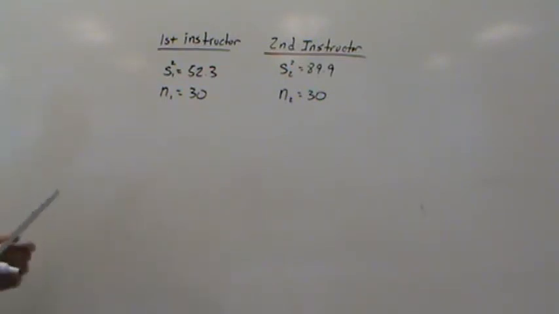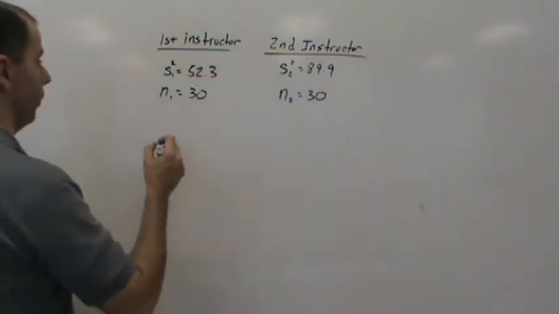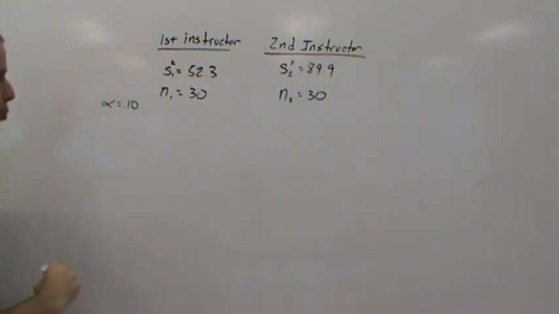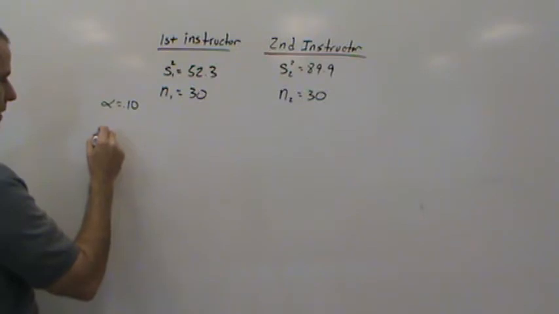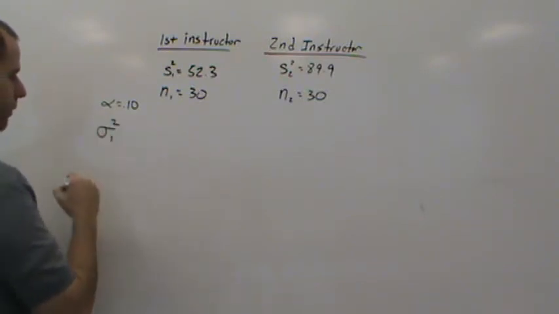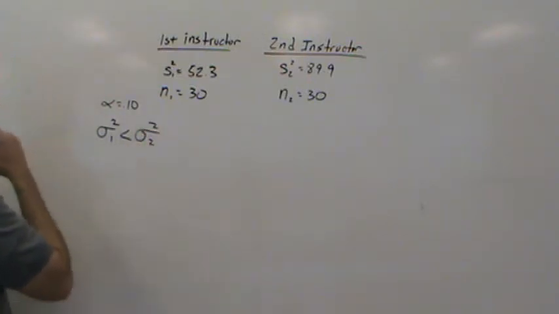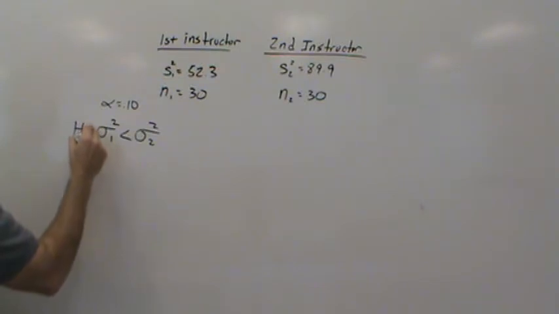Now, in most colleges, it is desirable for the variances of exam grades to be nearly the same among instructors. So we want to test this at a level of significance of 0.10. So in this case, alpha is equal to 0.10, and our claim is that sigma 1 squared is less than sigma 2 squared. That's the claim, so the claim is the alternative.